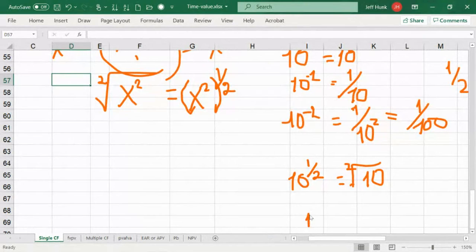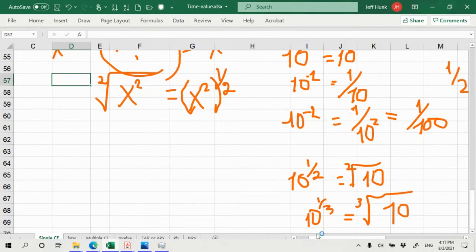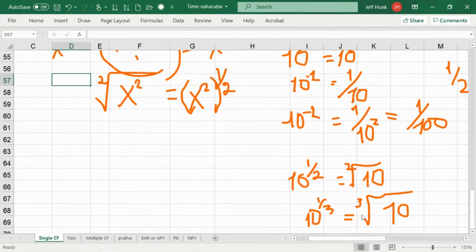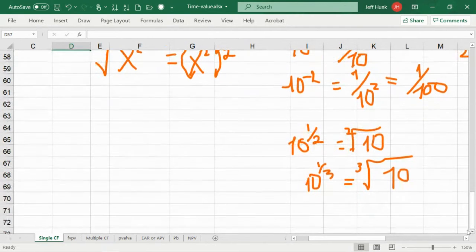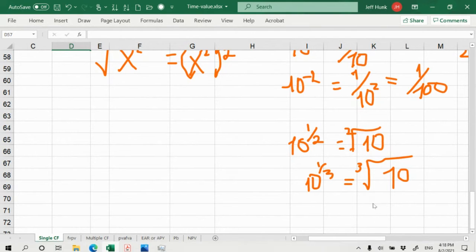Okay. 10 raised to 1/3 is the cube root of 10. You can't easily calculate the square root or cube root of 10. Of course, we have a calculator for that.